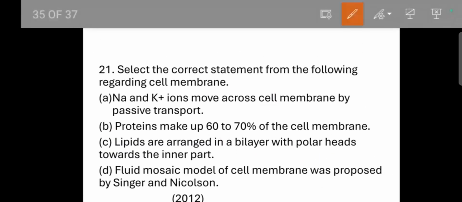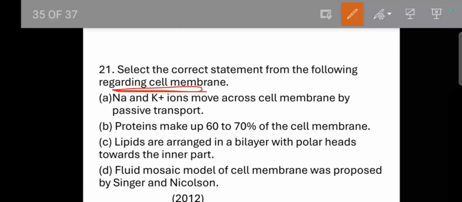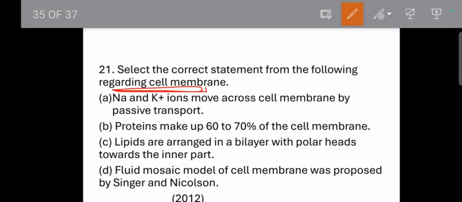Now, the 21st: select the correct statement from the following regarding the cell membrane. These are four statements regarding the cell membrane. The first one: sodium and potassium ions move across the cell membrane by passive transport. This is the wrong one. It is done by active transport.